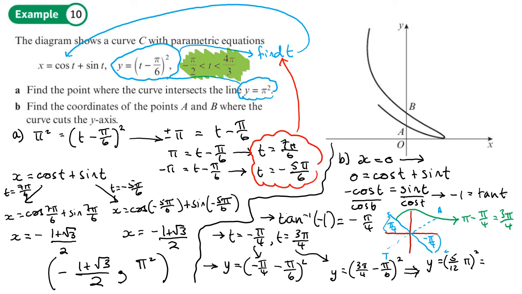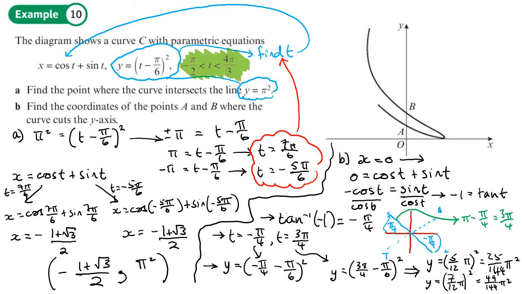If you just square it by inspection, then you'll get 25/144 π squared, if you want it exact. Now the other value of y you get is (7π/12) all squared. And again, if you want to give that answer exact, that'd be 49/144 π squared.